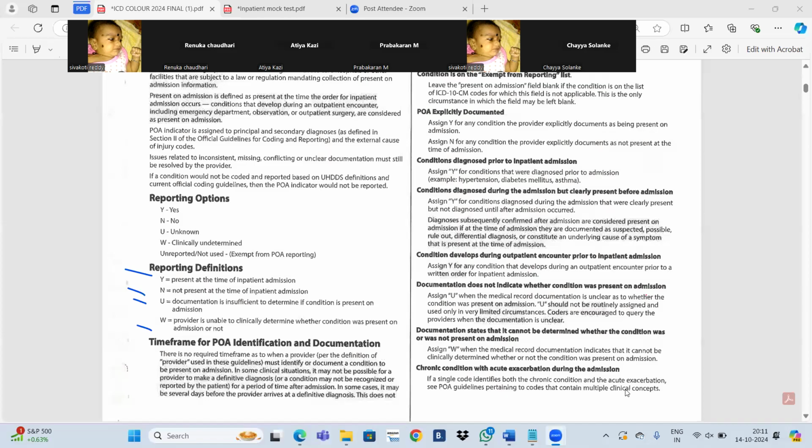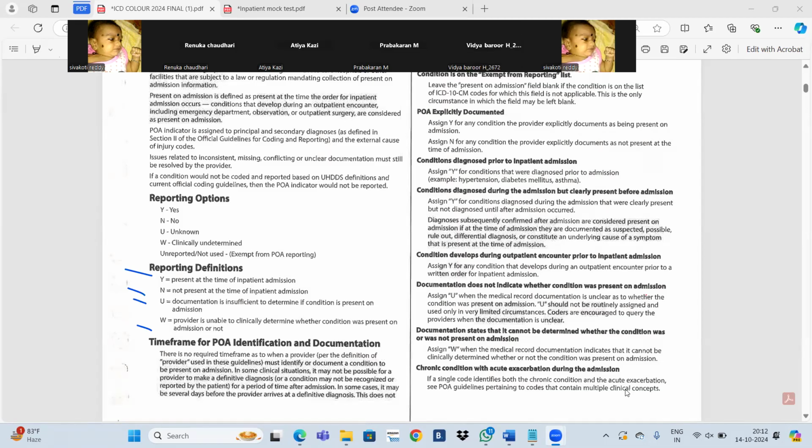If the provider states the condition was present at the time of inpatient admission, you need to change to Y. If the provider states no, you need to change to N. If the provider states I am also unable to determine, that is, the provider is also not able to determine based on the document, then you need to assign W. If the provider states unable to determine, clinically undetermined, what is the indicator?